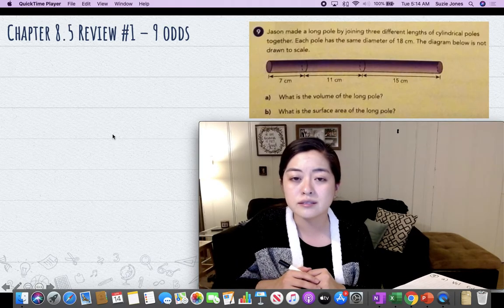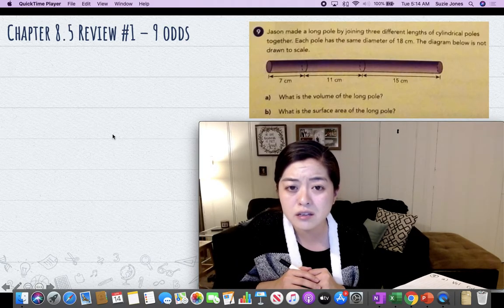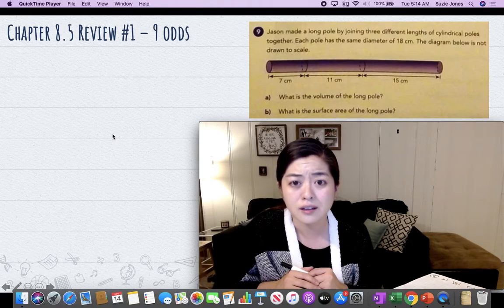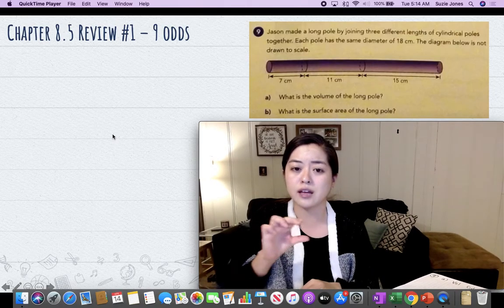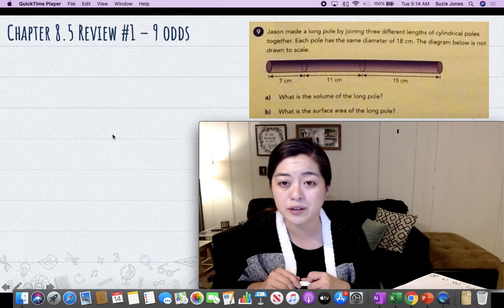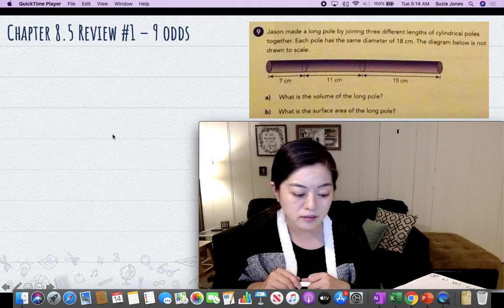So in here we see a cylinder, and how many cylinders do you see? There are 3, right, attached together, and each pole has the same diameter of 18 centimeters.